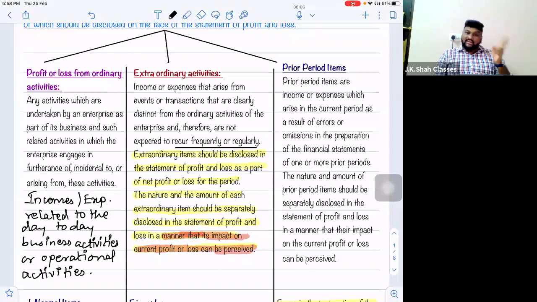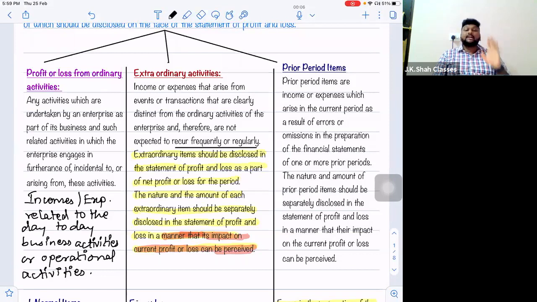So if they are qualitatively or quantitatively material, then I can say that these are ordinary but exceptional items. And if it is an ordinary but exceptional item, then a separate presentation and disclosure is required. Reason, it is material.